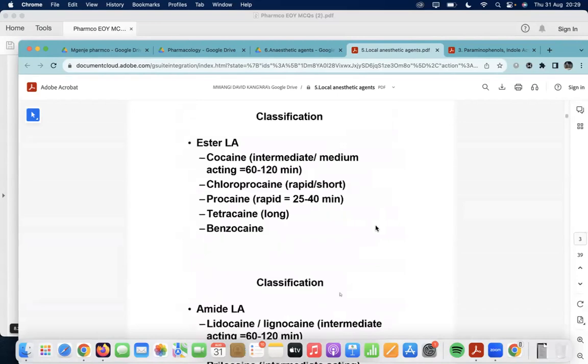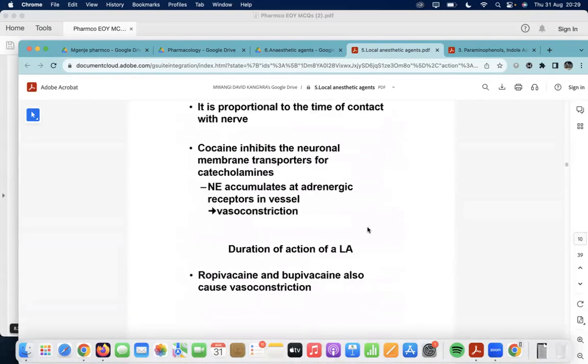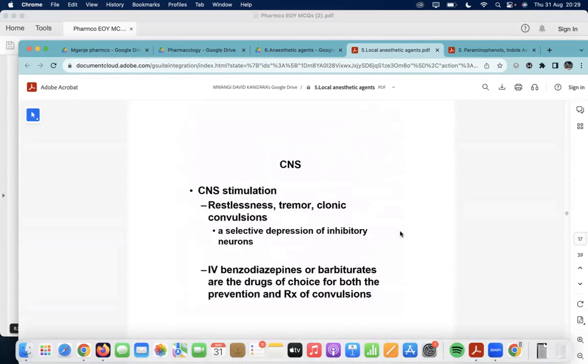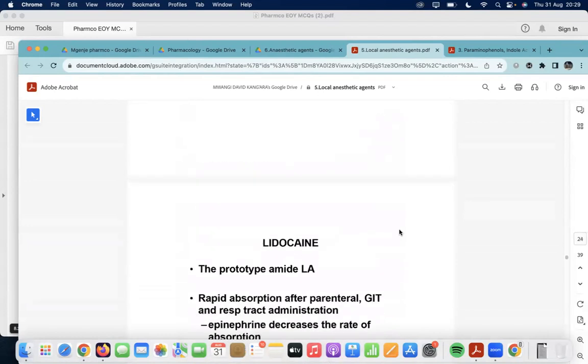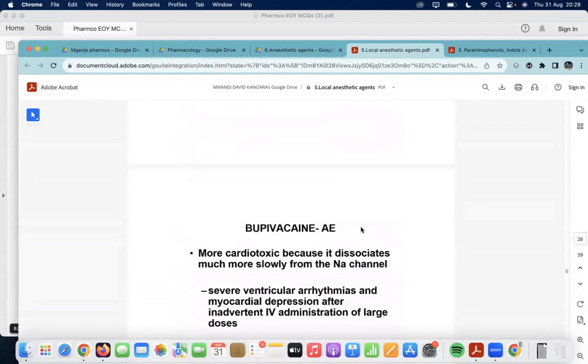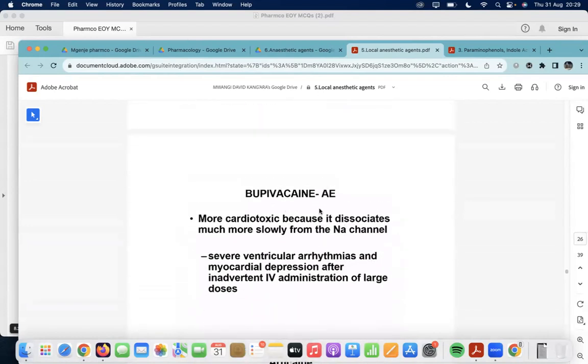Slide 26 can explain it. Bupivacaine adverse effects: it is more cardiotoxic because it dissociates much more slowly from the sodium channel. The cardiotoxicity of bupivacaine is a very common question.